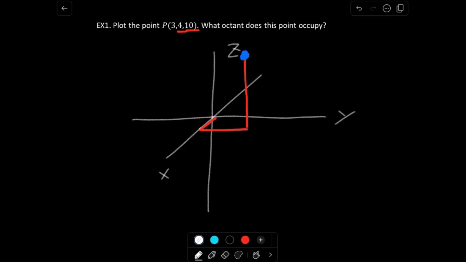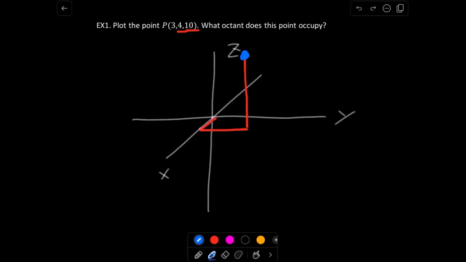Again, I find it helpful to draw these red lines because it's difficult to envision 3D properly on a 2D surface, which is this screen or the page wherever you're drawing it. That's why I find it helpful to draw these lines. It tells us it's coming 3 units out for x, 4 units out for y, and then 10 units up for z. So it doesn't look like it's just sitting on the zy plane.